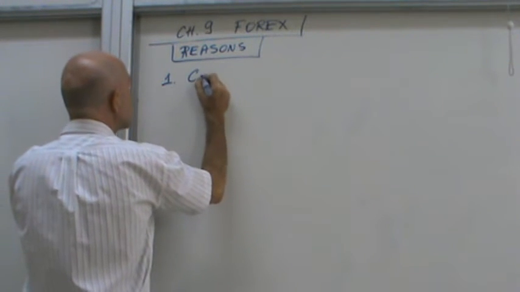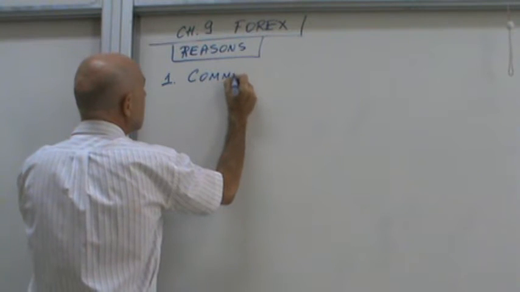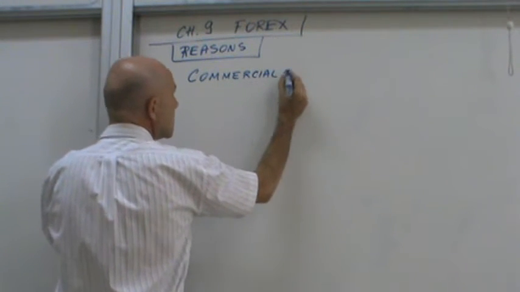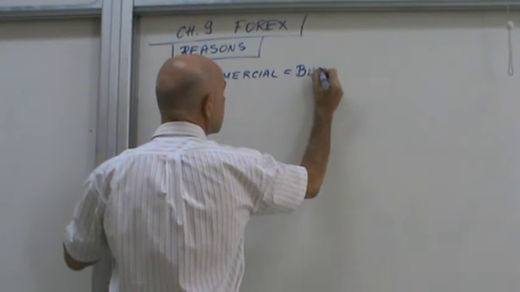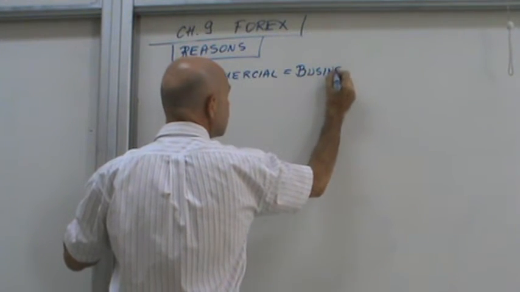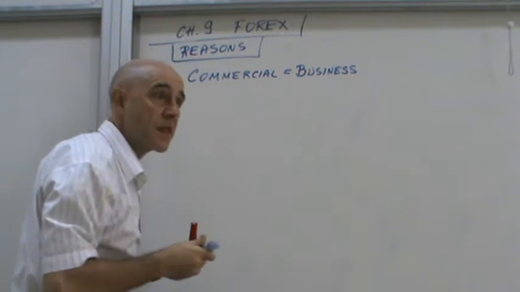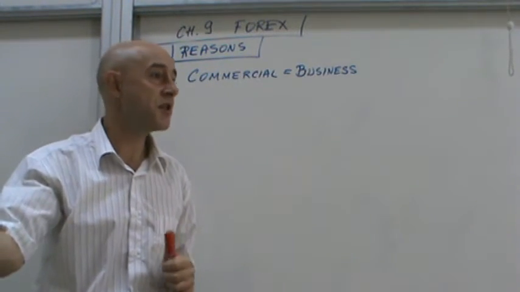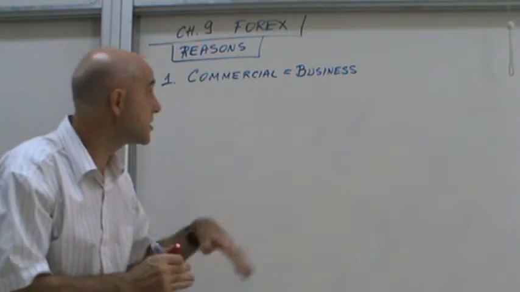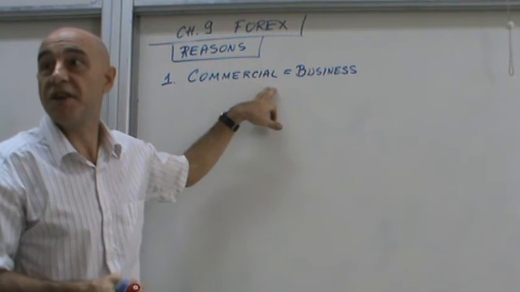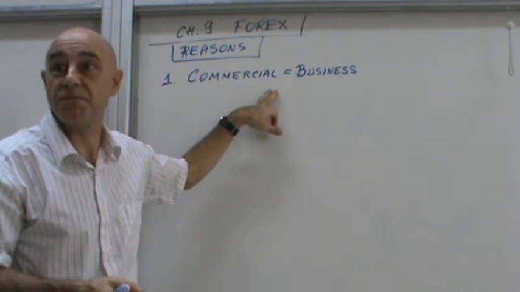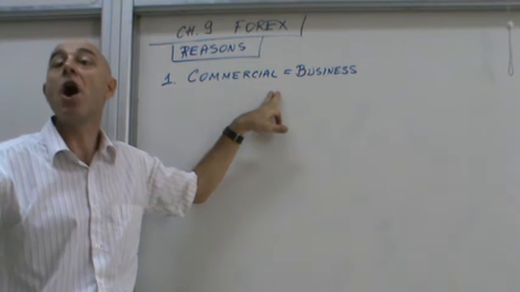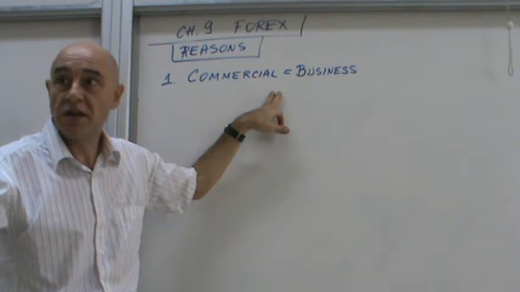The first one is commercial. Commercial is the same as business. You want to import Hondas, 100 Hondas, you need to pay Japanese yen. The Japanese exporter says pay us yen. You need to go exchange your dollars to Japanese yen, okay?